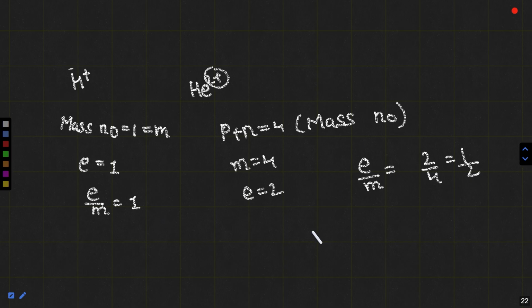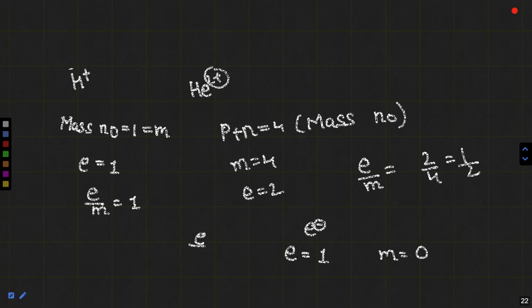And what about the electron? The electron has a charge of again 1. It is -1, but we will not take the sign, we will only take the magnitude. What about the m? Relative to the mass of proton and all, it has a negligible mass, so we take it as 0.